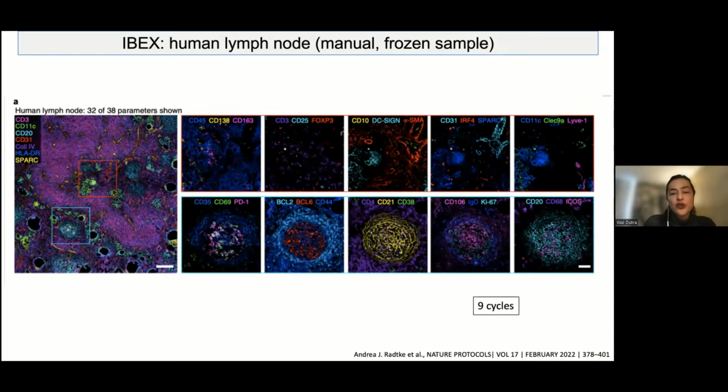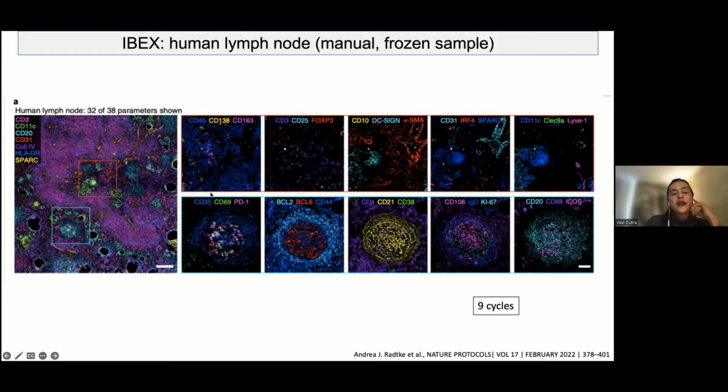Essentially, once you acquire the images, you tell the computer what color you want to call each fluorochrome, and then you go stacking them and establishing this association in the same region of the tissue. So you can clearly see very well-defined regions here. In this human lymph node, you can see regions that are rich in B cells, for example, again with a co-staining with another B cell marker.